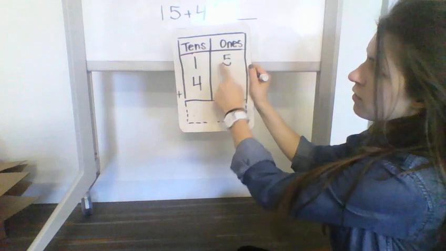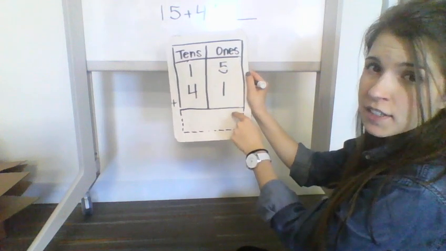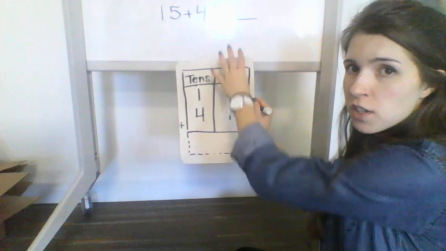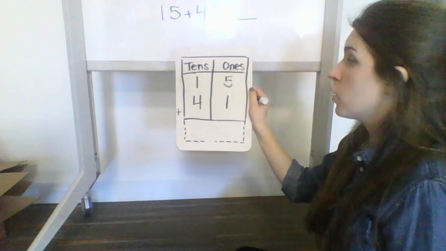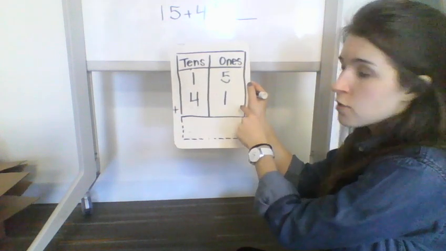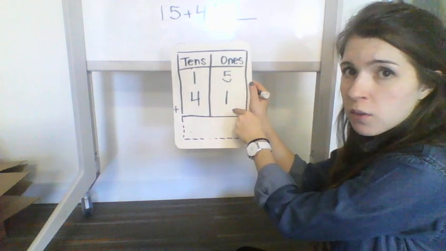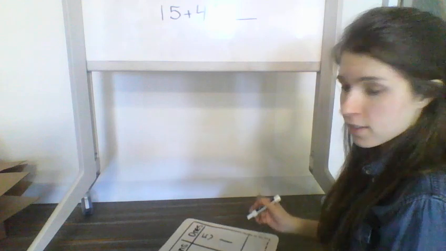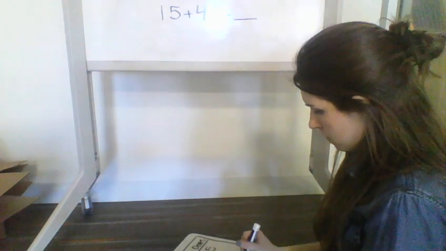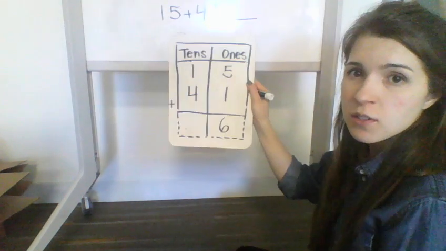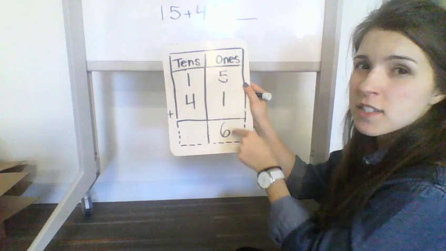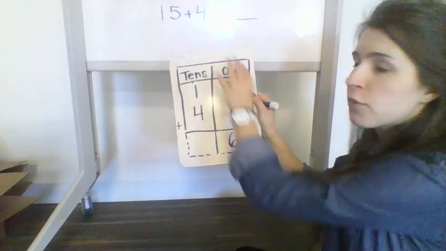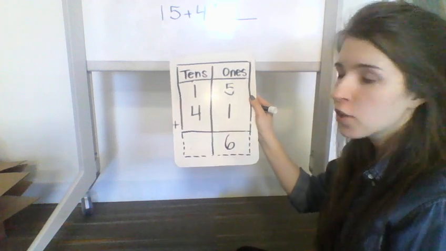So 15 plus 41. Now I need to solve it. So remember, do we start with the tens place value or the ones place value? That's right, we start with the ones place value. So we're going to start by adding the 5 and the 1. So 5 plus 1 equals 6. 6 is less than 10, so we don't need to worry about regrouping and carrying anything over.